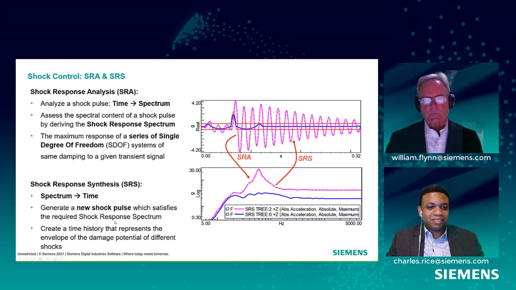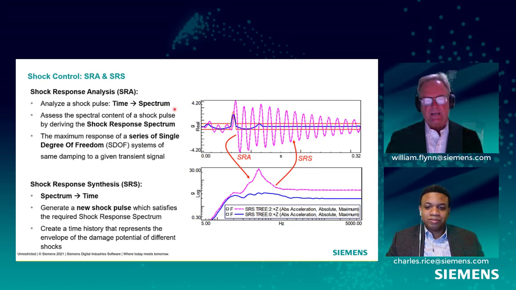So this is another way to use shock control, and that's based on shock response spectrum. These terms are sometimes a bit confusing. They're interchangeable, SRA and SRS. So SRA is taking a time pulse and converting that to a spectrum, generating an SRS.